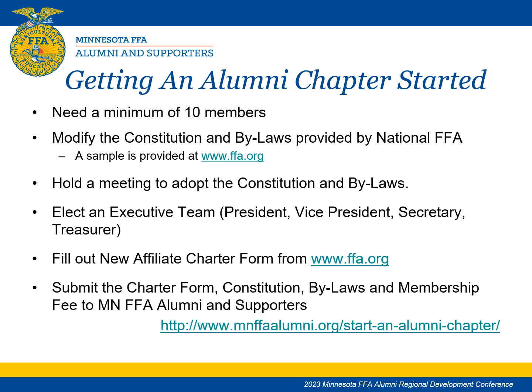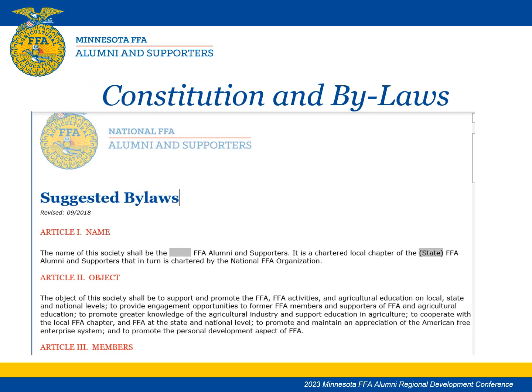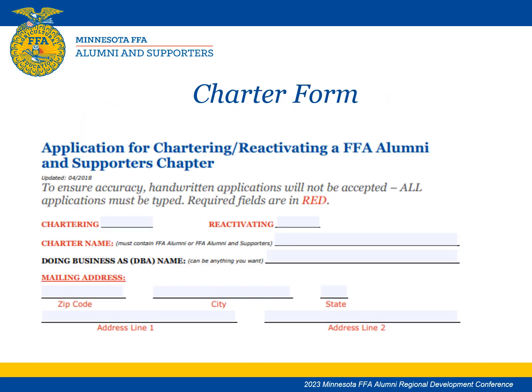Let's take a closer look at items. So your constitution and bylaws. As I alluded to, we do have a suggested bylaws that we can send to you. This would have all of the articles in there where you will populate your chapter's information. The charter form.